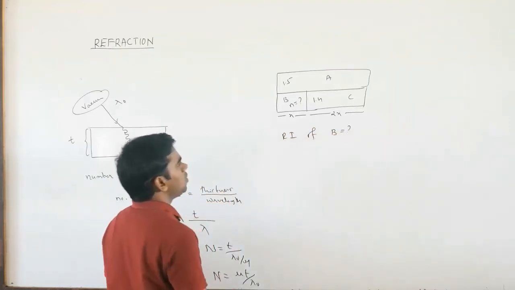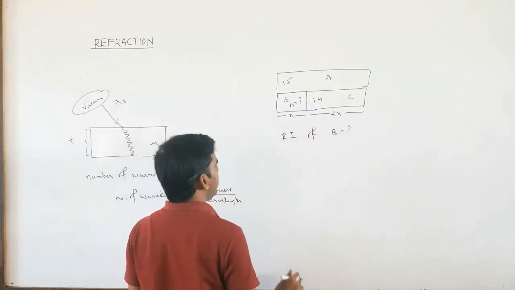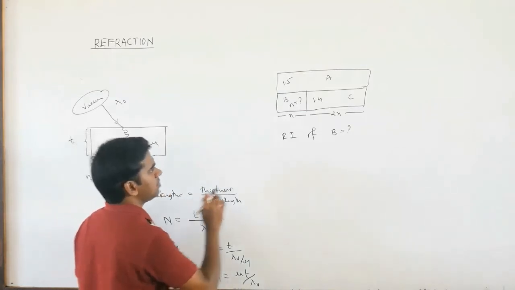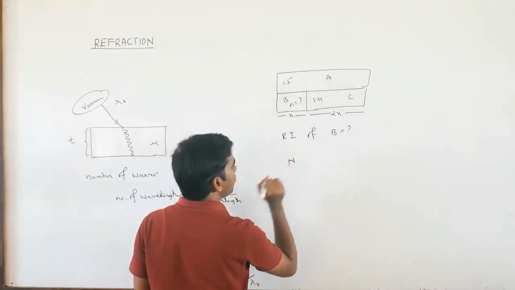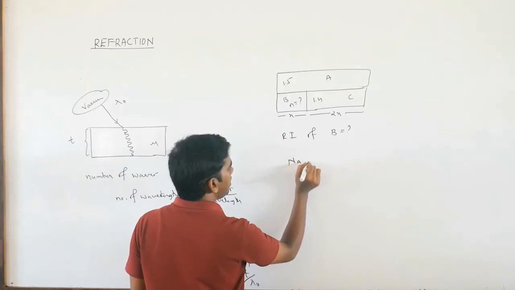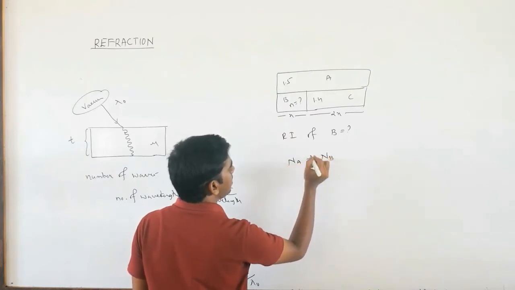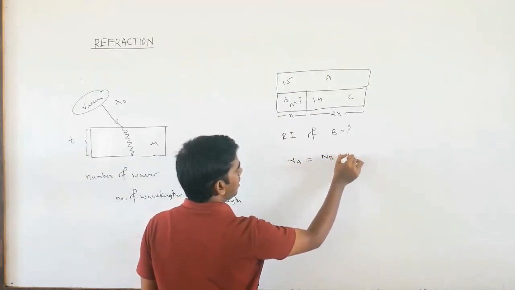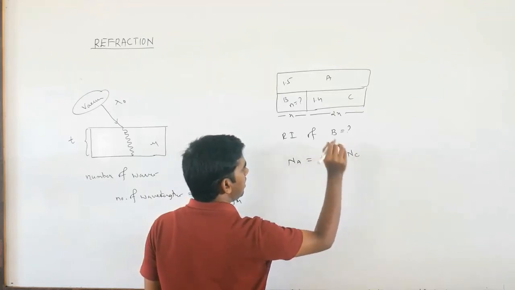They are asking the refractive index of B. So how can we write? We can use the concept of number of waves. Can I write the number of waves in medium A equals the number of waves in medium B plus the number of waves in medium C?